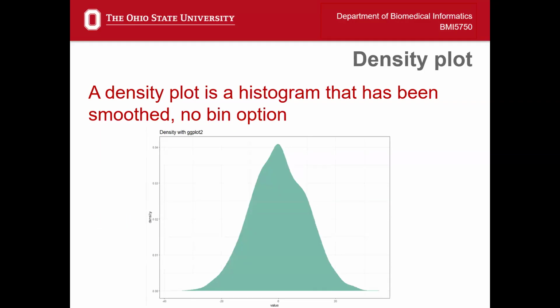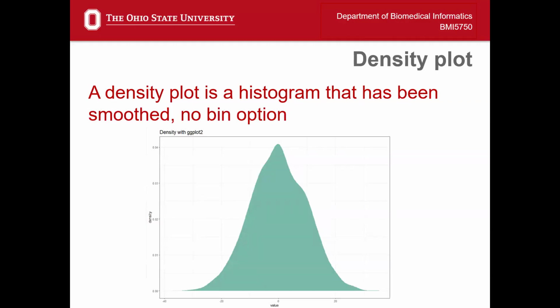An alternative to a histogram is a density plot. It's basically the same information that it tells you, but it's been smoothed. There's no bin option. So when you plot a histogram, you can kind of play around with it to tell the story you want it to tell. With a density plot, it's all smoothed. So it's more like this is the profile of our data.